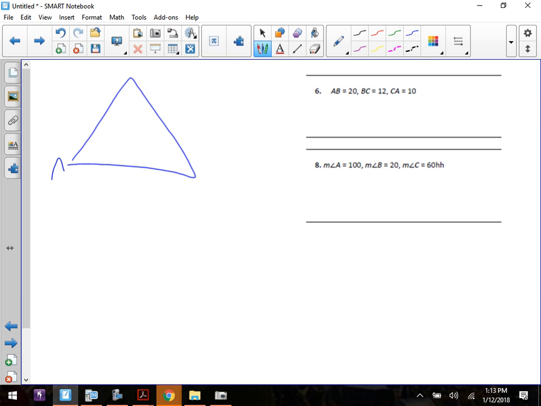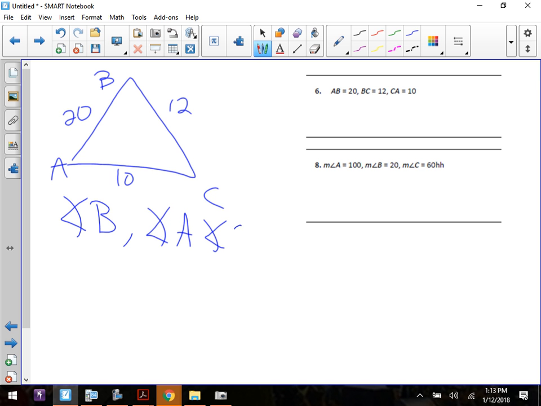Guys, if AB is 20, BC is 12, and CA is 10, which one of those angles has to be the largest? C would have to be the largest. Which one has to be the smallest? B. So I think this said put the angles in order from smallest to largest. So it would be angle B. Then the next smallest angle would have been A. And then the next one would have been C.